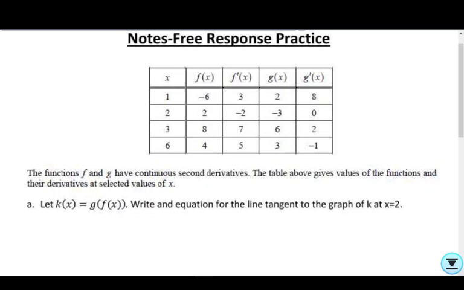Okay, so today we're going to be looking at one of the free response practice problems from the AP test. The thing about the AP exam is that the free response questions take multiple concepts that we've done throughout the year and put them all together into one problem.